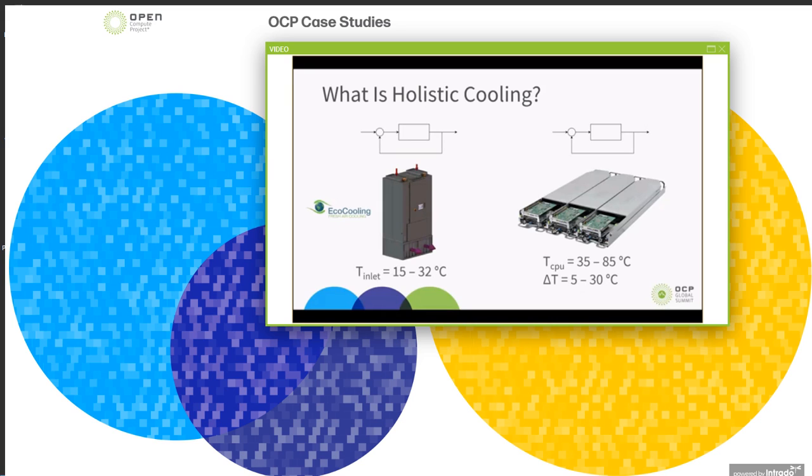The IT systems have fans to maintain a desired component temperature, CPU temperature for example, which in turn provides a delta T. So to ensure that these systems are in sync from a system perspective, holistic cooling needs to be used and knowledge of the other system needs to be known, as well as real-time data transfer, including fan speeds and CPU temperatures, for example, which would be provided to the cooling units from the servers.